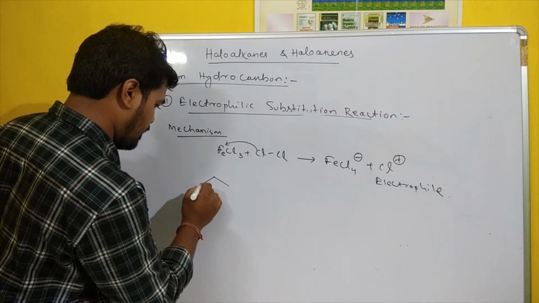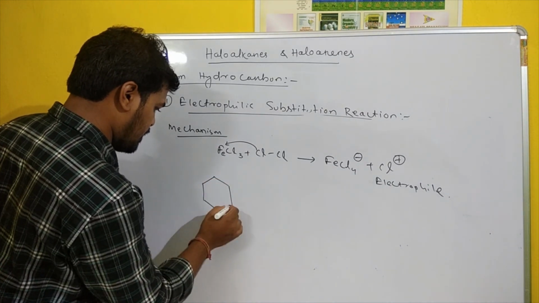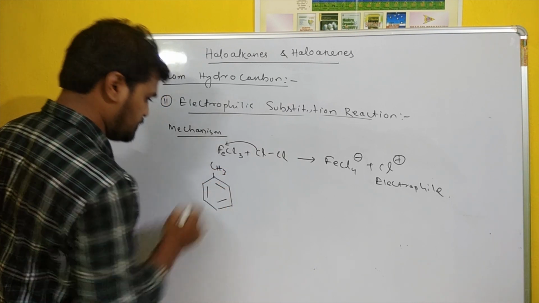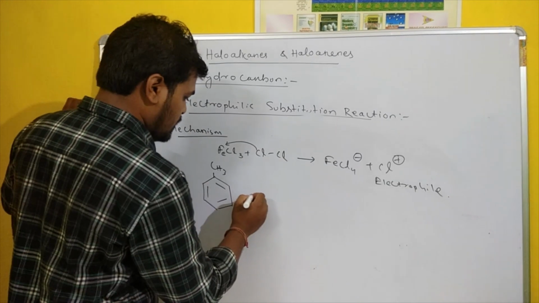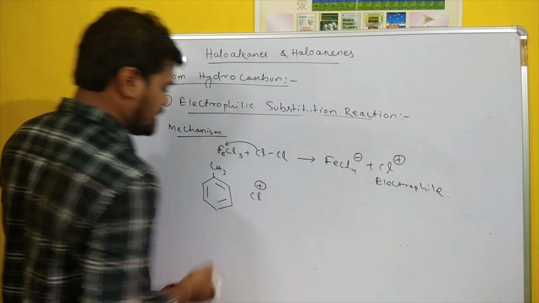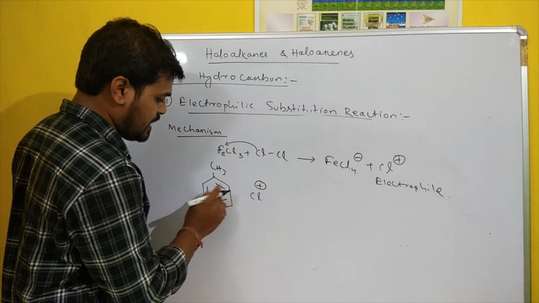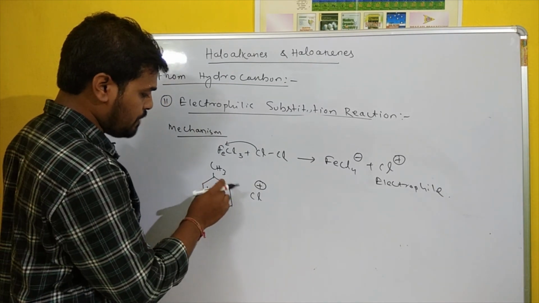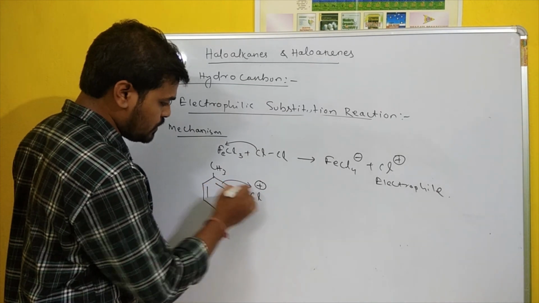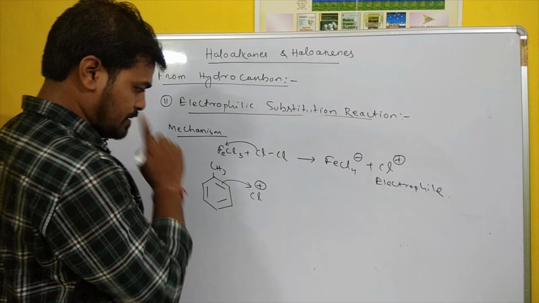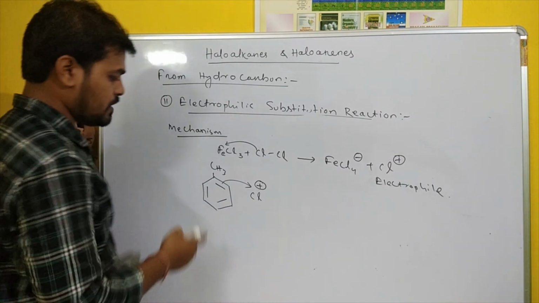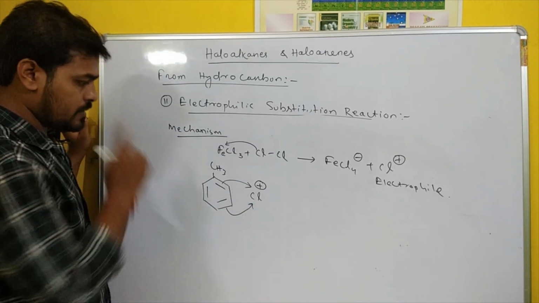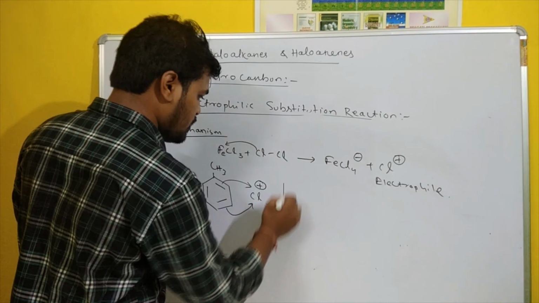Then the benzene ring attacks that chlorine cation. The benzene ring contains 3 pi bonds, so one of the pi bonds attacks this chlorine. It may attack from this side or from this side, so there are two possibilities.